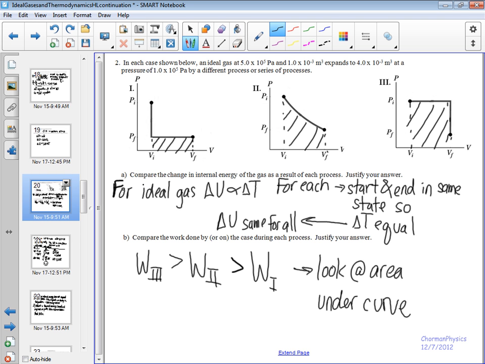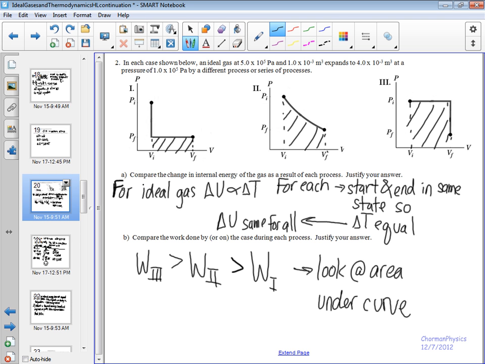Let's do another example here. We want to look at 3 different cases of an ideal gas undergoing different, and actually, sorry, these are different processes. These are not just isochoric and isobaric, but both combined and then one that's neither. So actually, we have 3 different series of processes here.